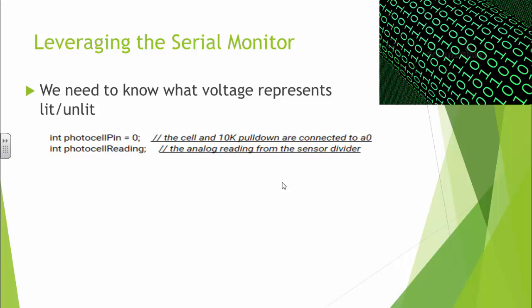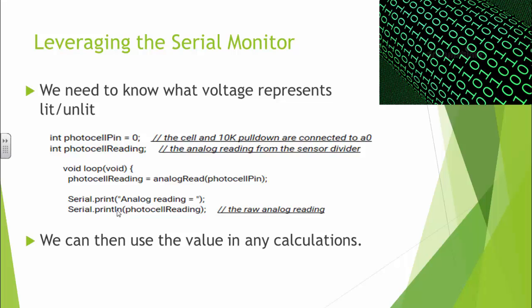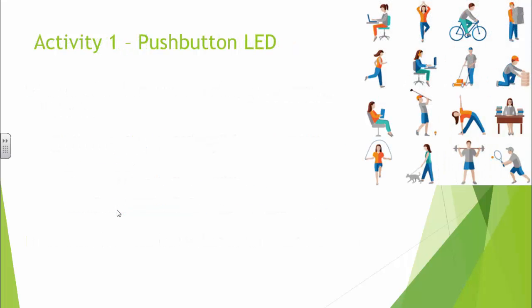So we can implement a temporary device that reads the potentials like we just said and just prints them to the serial monitor. So we can get our analog reading when we've got our light shining on our LDR and when our hand is over top of the LDR. And with those two values in hand, we can design then our logic. Use that value in any further calculations.